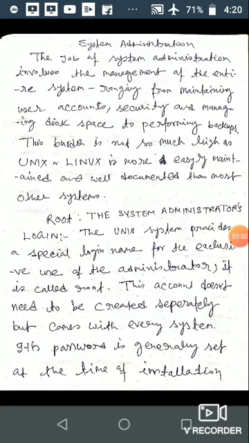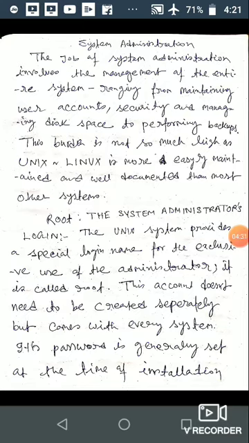Using Unix or Linux also, because Linux came after Unix, in Linux also these things are more or less manageable. Now here you can ask what things we can do here, and what things we should follow.